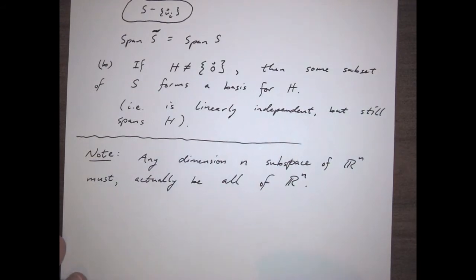So if you have a subspace of a finite dimensional vector space Rn and your subspace has dimension n, then that means it must actually be the whole thing.